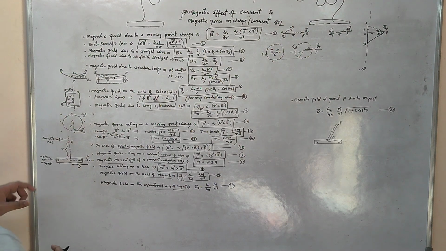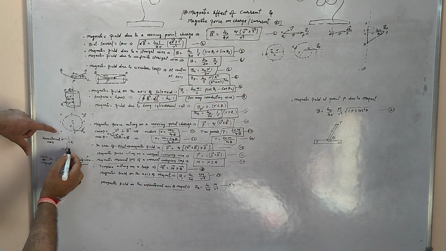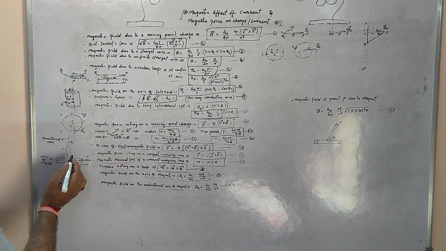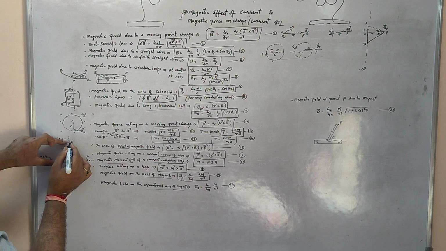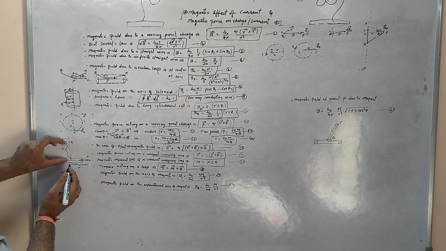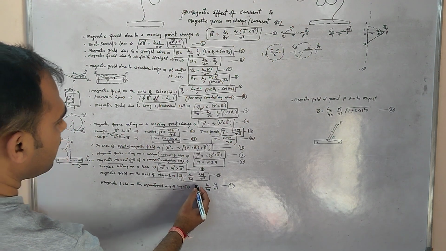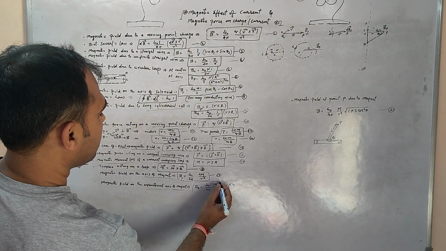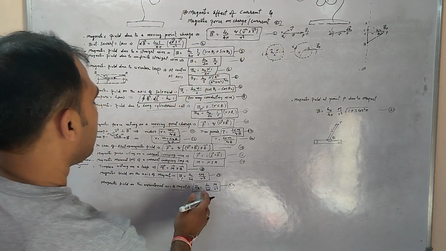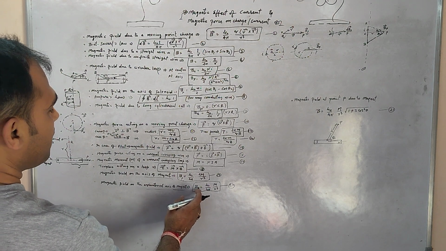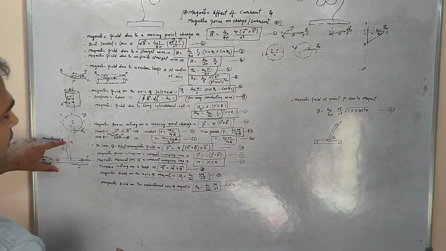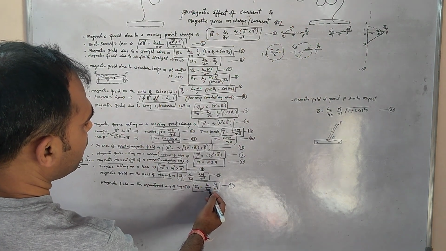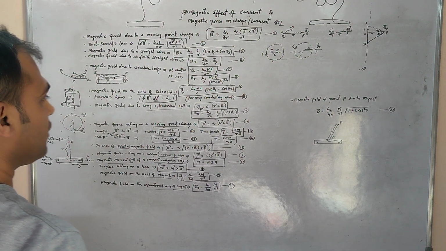What is the equatorial axis? The axis that is perpendicular to the axis of the magnet will be called the equatorial axis. So if we take any point Q here at a distance r from the axis of the magnet, then this will be the magnetic field at this point Q at a distance r. BQ is equal to mu naught upon 4 pi, m by r cube. Fine.